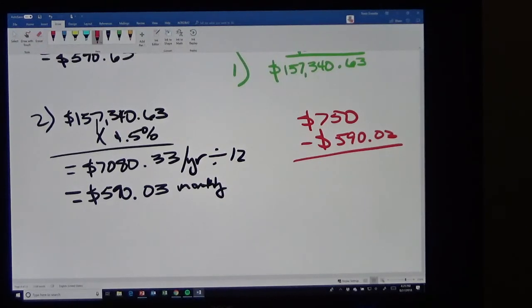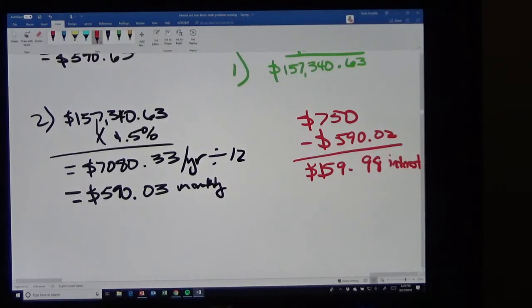And that equals $159.98 in principal. We subtracted the interest, so this is the principal.